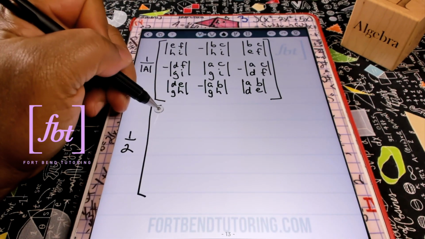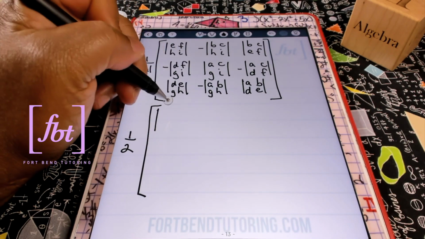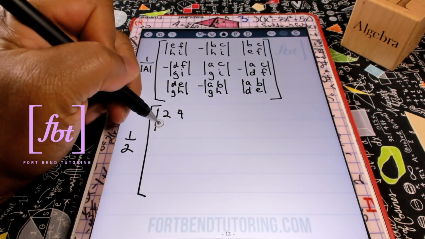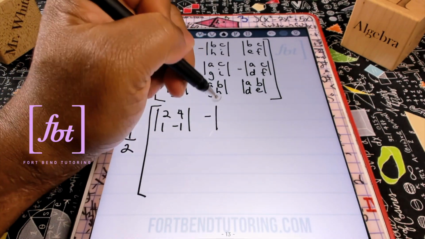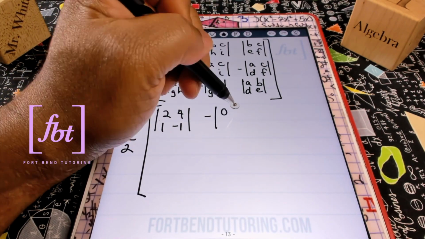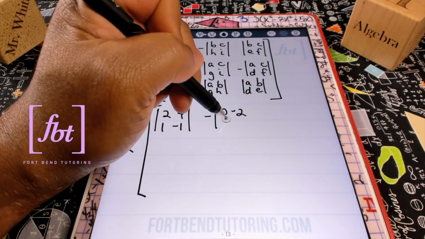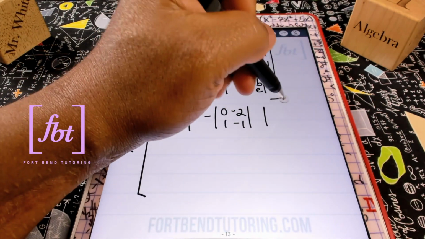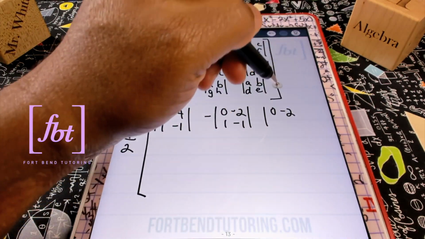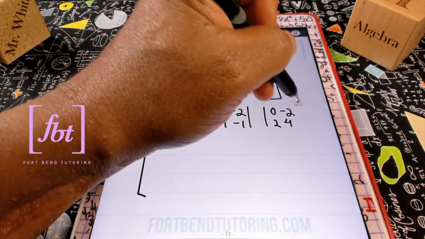We'll find the determinant of the values 2, 4, 1, negative 1, as well as the opposite of the determinant of the values 0, negative 2, 1, and negative 1. The next determinant has the values 0, negative 2, 2, and 4.